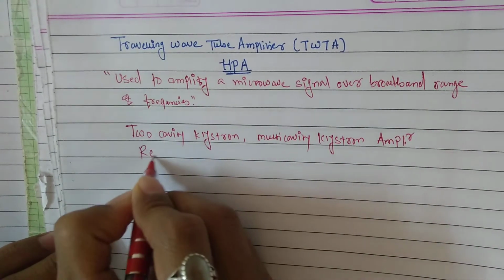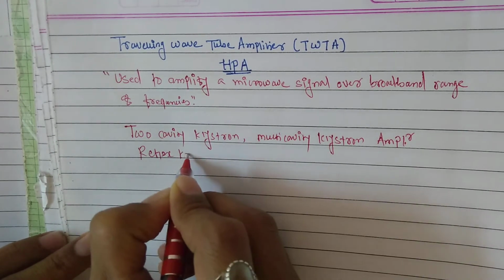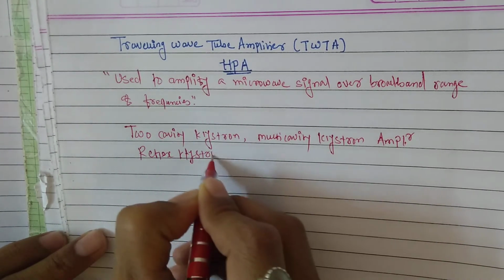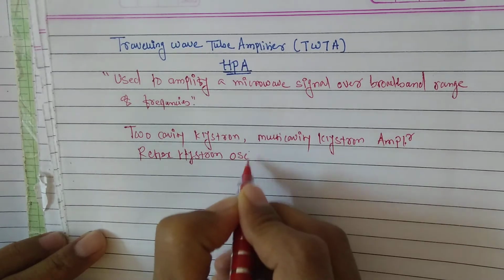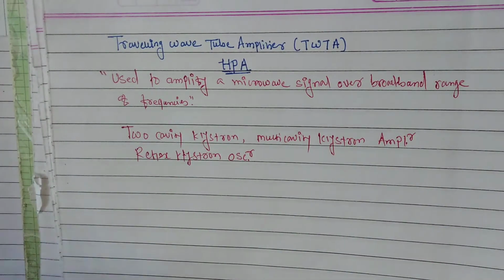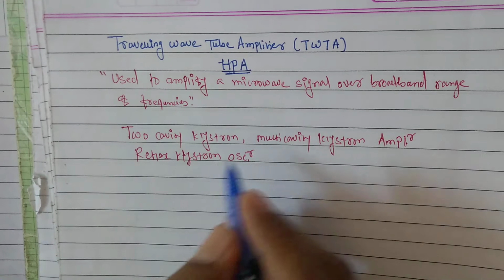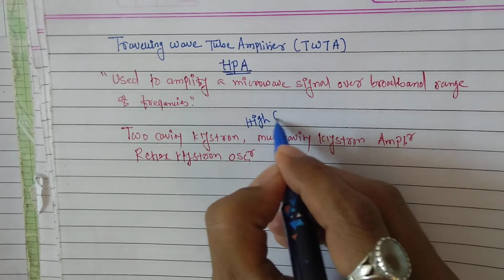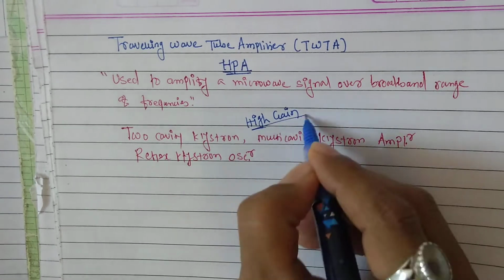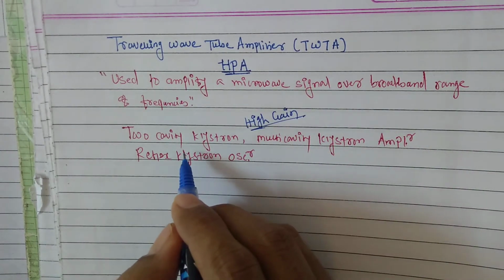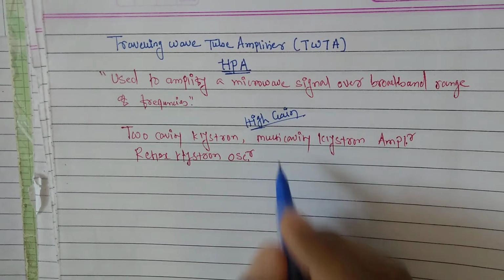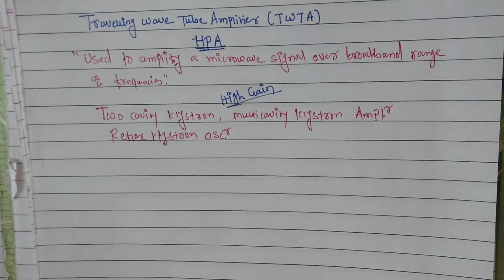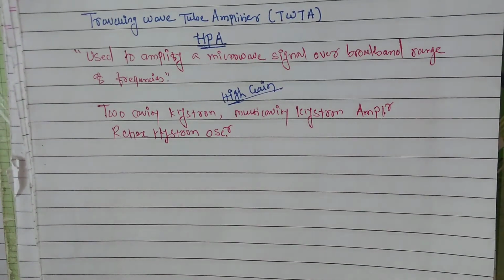We also talked about the reflex klystron, which is actually a microwave oscillator. So if we have a requirement of high gain, we shift from the two cavity klystron amplifier to the multi-cavity klystron, so that it results in a high gain microwave amplifier.